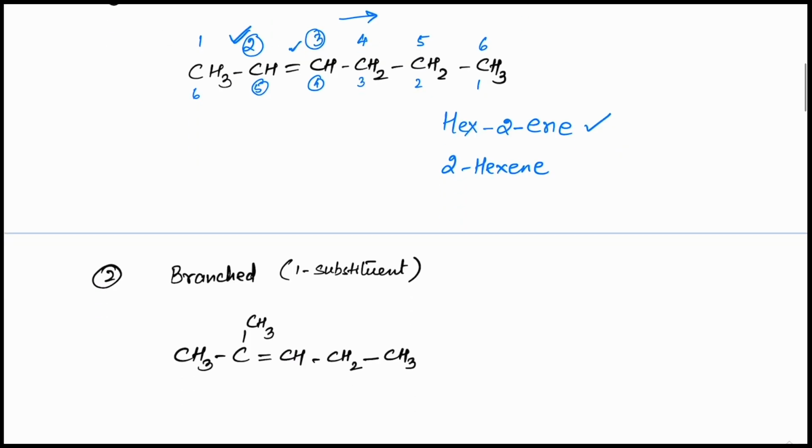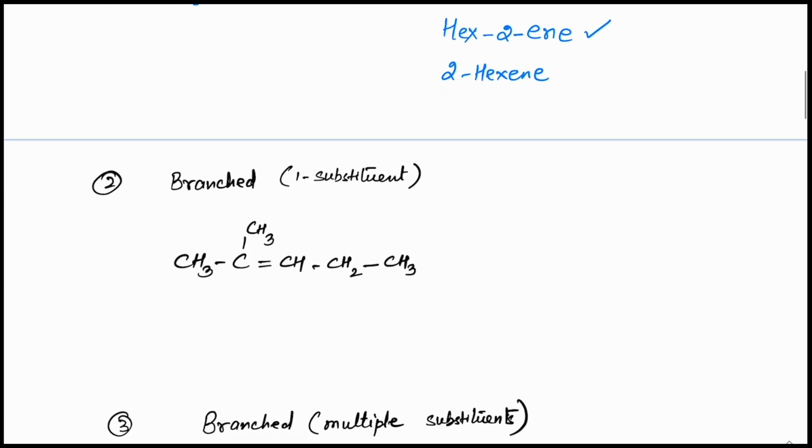Alright, let's look at an example where there is one substituent present. What do you think the name of this compound will be? Start with finding the carbon-carbon double bond or triple bond. We can see one carbon-carbon double bond here. Now find the parent chain.